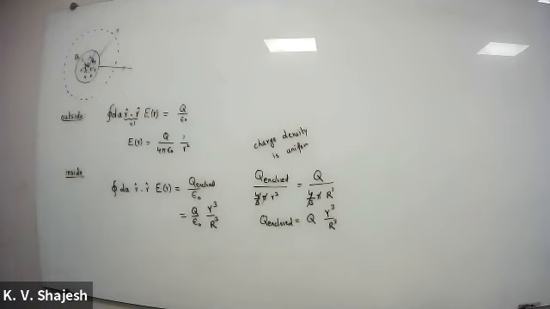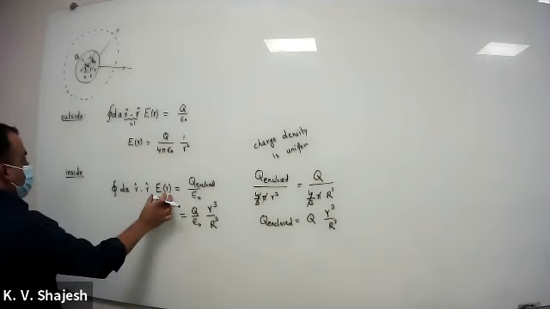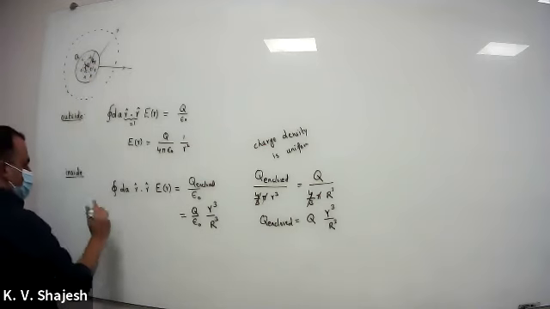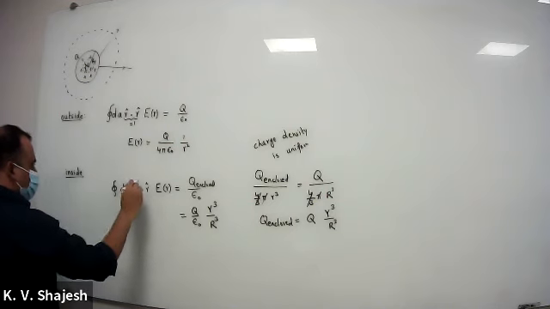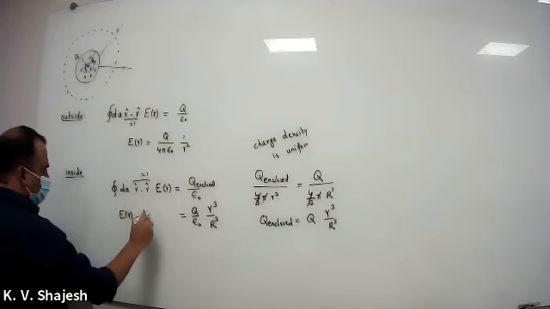Clear? The left-hand side argument goes the same. This is constant everywhere on this surface. E of r comes out of the integral. This is equal to 1, and the surface area is 4 pi r squared.